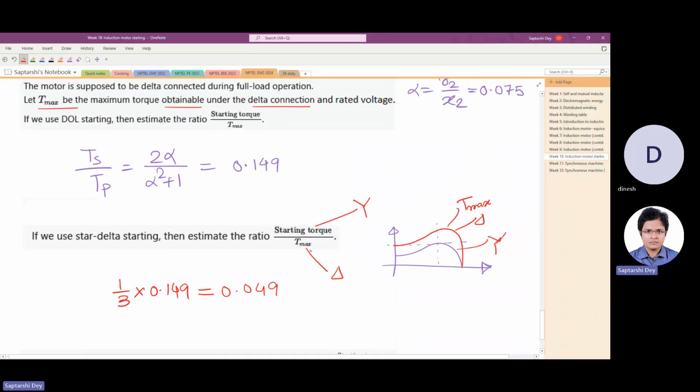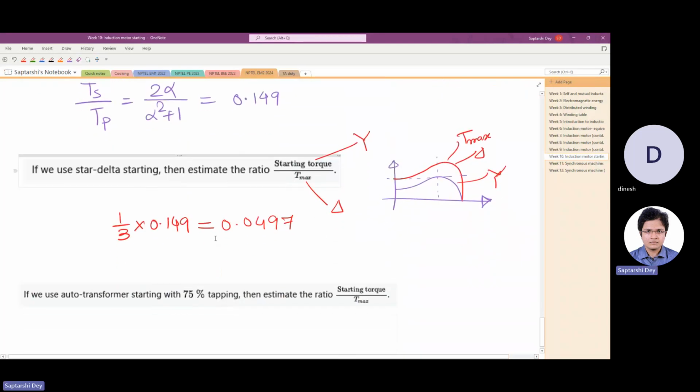It's still the delta condition, whereas the starting torque is the star condition. Yes, sir. That's why this question comes like this. Okay.